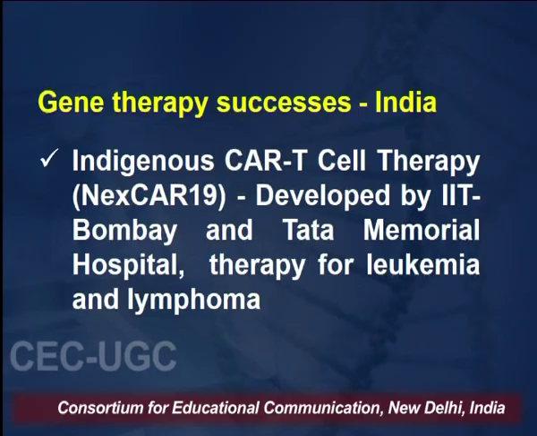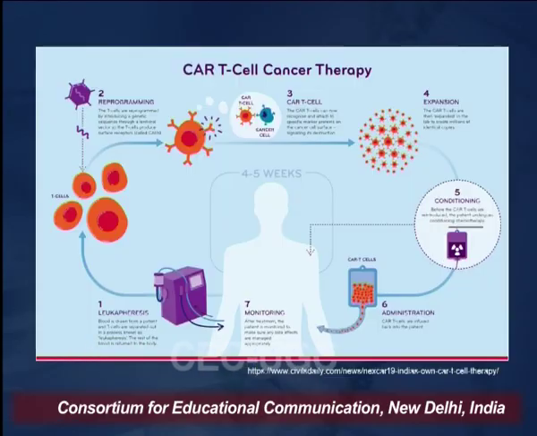What happens in this is that the T cells are modified. The people who have leukemia, the blood is taken and the T cells are removed. Then the T cells are genetically modified to express a particular surface protein.